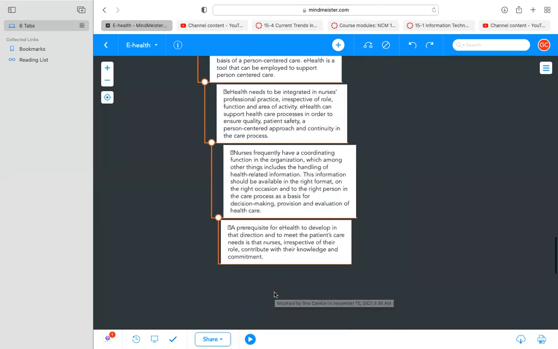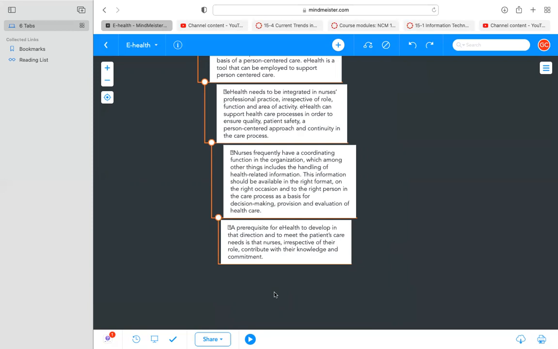Nurses also frequently have a coordinating function in the organization, which, among other things, includes the handling of health-related information. So this information should be available in the right format, on the right occasion, and to the right person in the care process as a basis for decision making, also for provision and evaluation of healthcare.